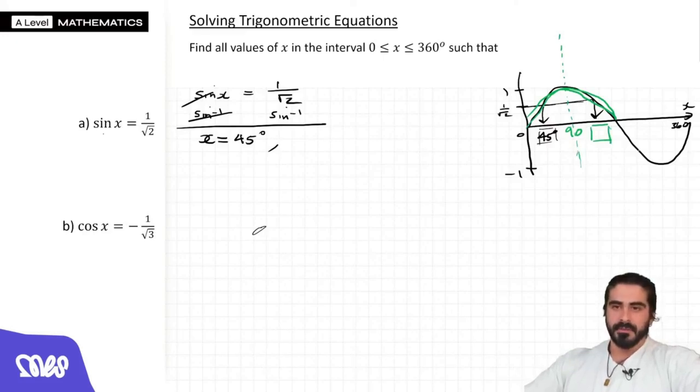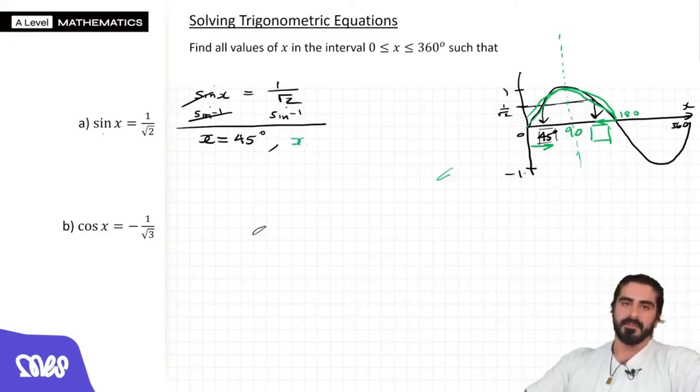We know this is 180 degrees. To get to this square, we go in from 180. So all you need to do to get the second value is 180 take away 45. So the next x value is 180 take away 45, and in this case, that's 135 degrees.